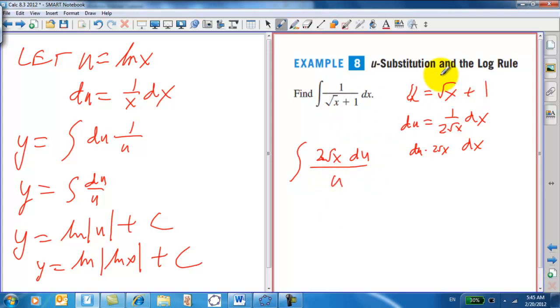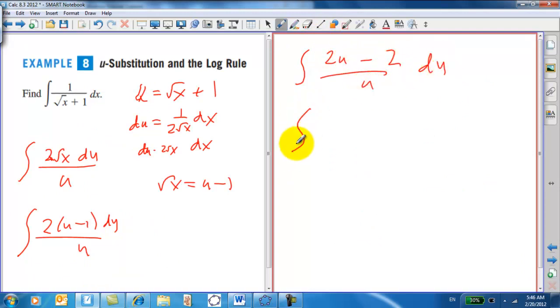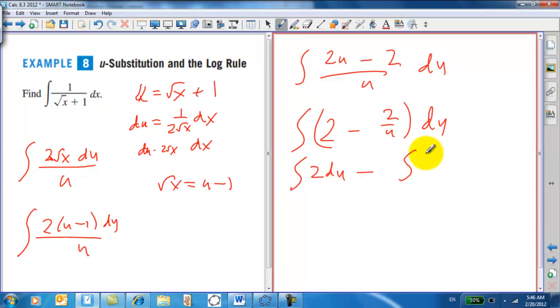And now we can use this rule again to make another substitution, because square root of x equals u minus 1. So the integral of 2 times u minus 1 du over u. Now we're getting somewhere. So now you get the integral of 2u minus 2 over u du. So it's the integral of 2 minus 2 over u du. The integral of 2 du minus the integral of 2 du over u.